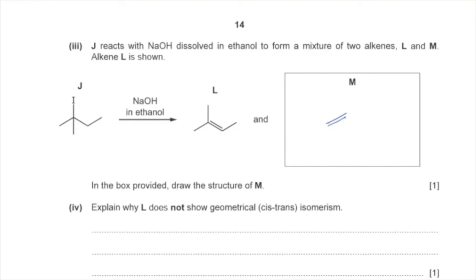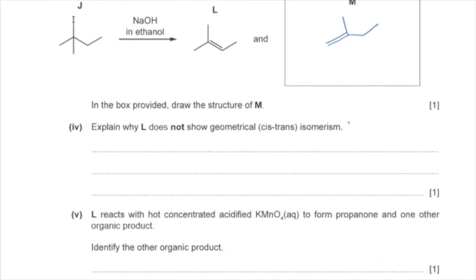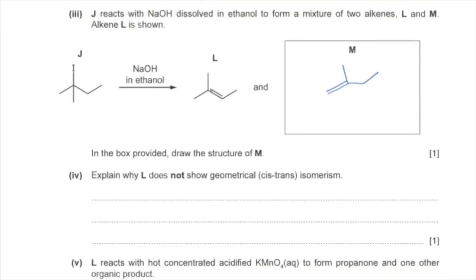So this is the double bond, and we have a methyl group on the second carbon atom and an ethyl group. Part 4, explain why L does not show geometrical isomerism. That's because this carbon atom of the carbon-to-carbon double bond is attached to 2 methyl groups. For cis-trans isomerism to show up, each carbon atom of the carbon-to-carbon double bond must be attached to 2 different atoms or groups of atoms.